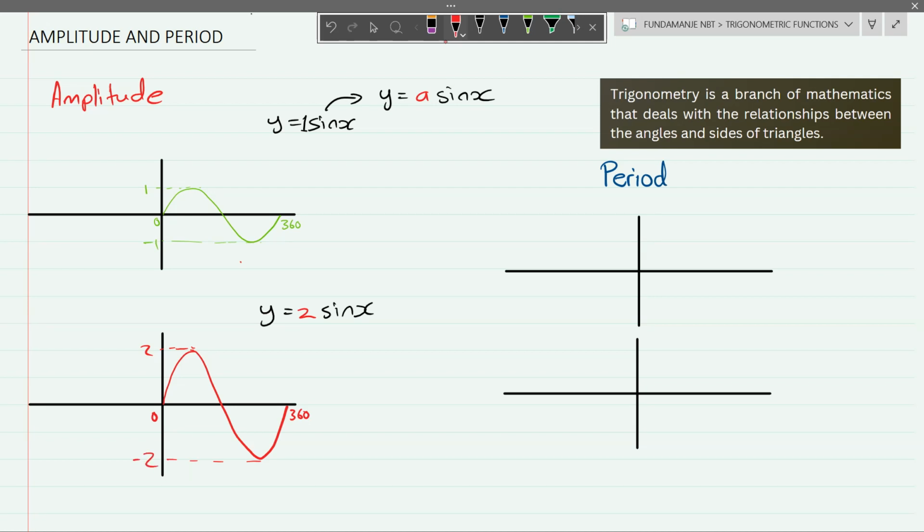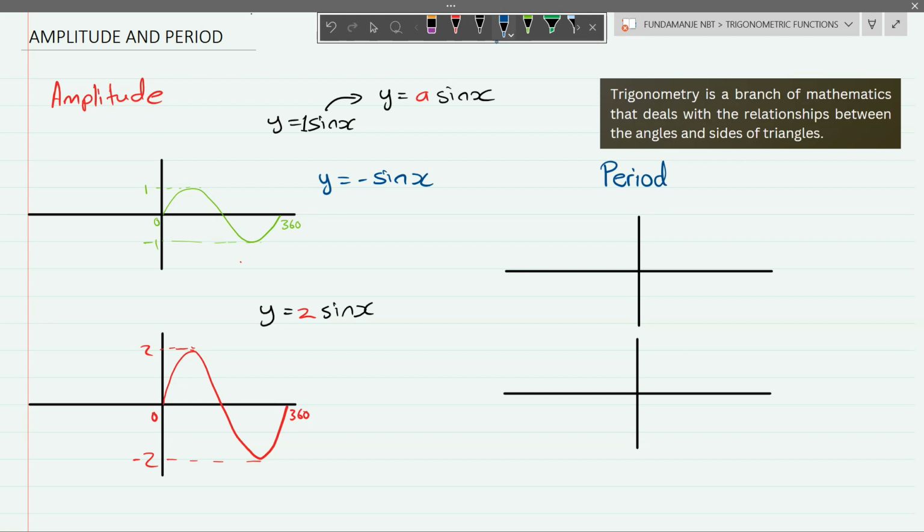We can also answer the question, what would happen if I were to have y is equal to minus sine x? Well, if you watch the video on reflections, then you would understand that we are basically making the y negative, and whenever we do that, we exhibit a reflection about the x-axis because we're multiplying the entire thing, which is the y, by -1.